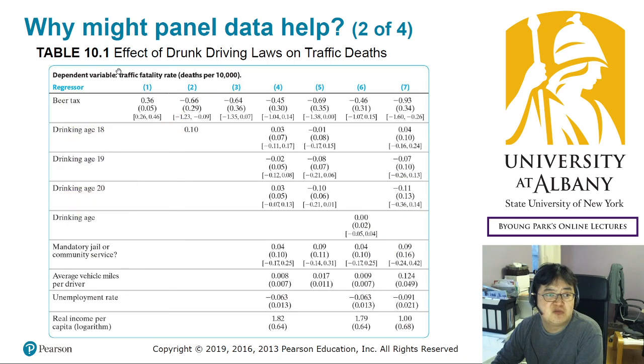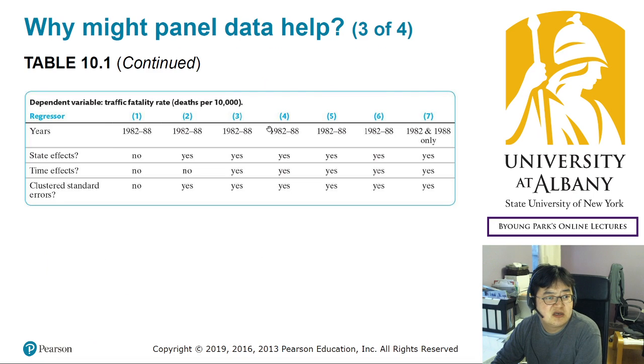So as a result, we have this regression table. The dependent variable is always the traffic fatality rate. The fixed effects are usually not reported, but there is an additional line that says whether you control for that or not.